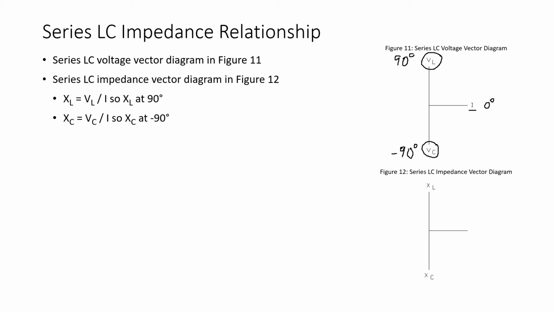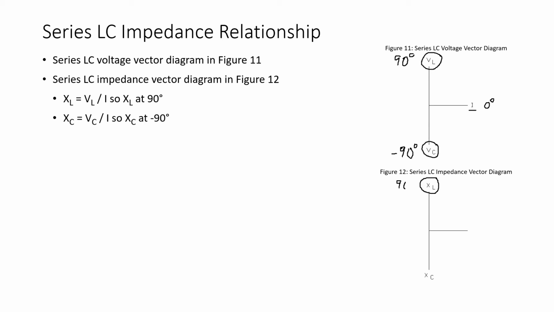Now, when we think about the oppositions to current in the circuit of figure 10, the rules of vector math say that X sub L, inductive reactance, mathematically equals V sub L over I. And if we have V sub L at positive 90 degrees divided by I at 0 degrees, then our X sub L has to be plotted here also at positive 90 degrees.